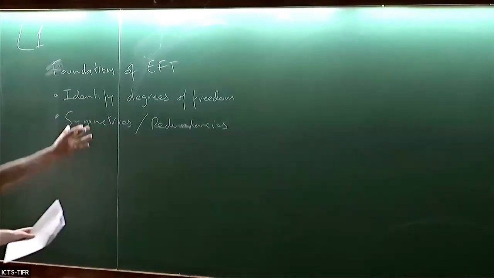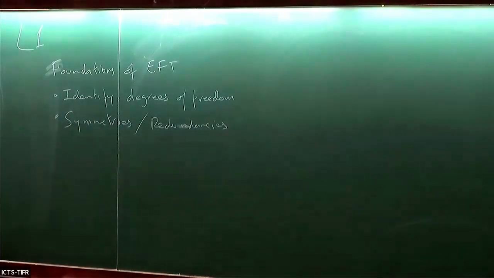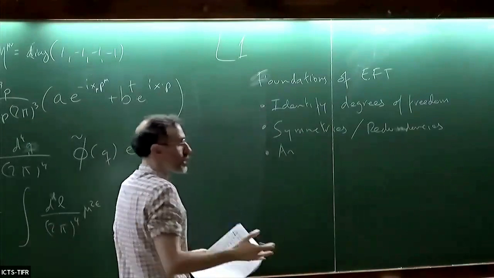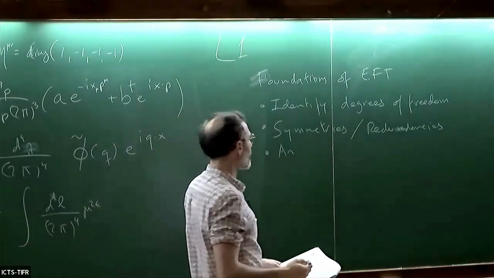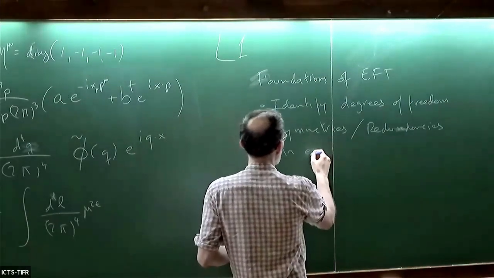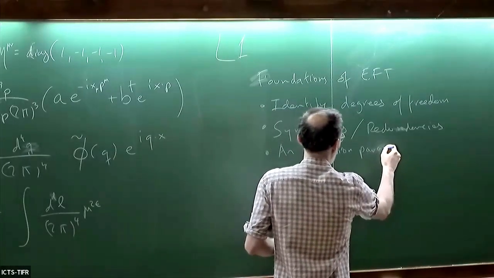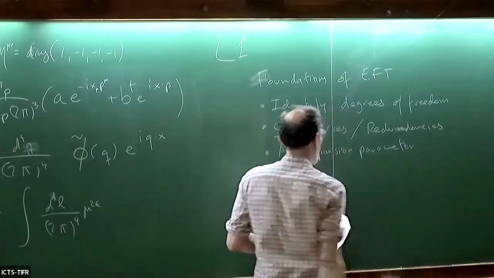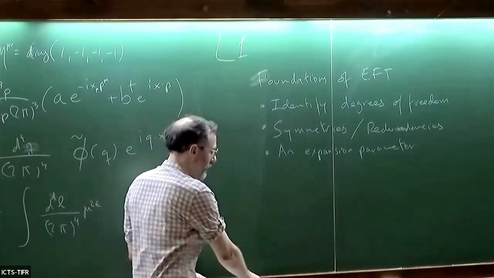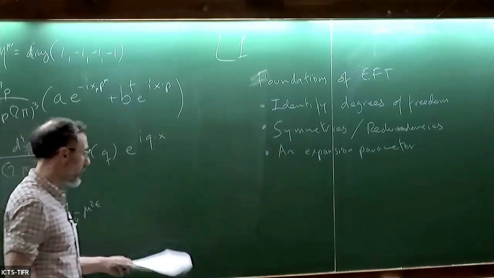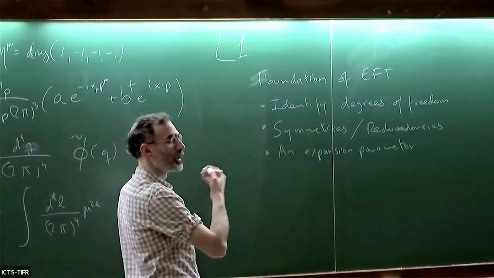And in fact, one can understand theory definitions in that context as well. And one of the crucial things, which permeates all of physics, is identify your expansion parameter. The crucial contribution from Wilson that told us EFTs are not sick. That's what you put in, what do you get out?